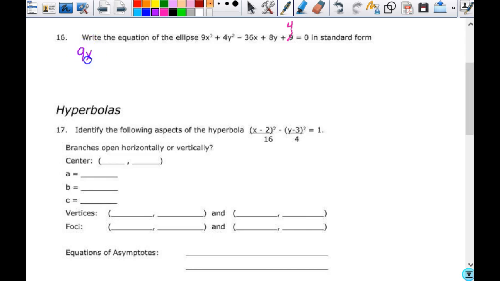I'm going to get 9x squared minus 36x plus 4y squared plus 8y equals, I'm going to move that 4 over because I told you to change that 9 to a 4, make that a negative 4. So now I'm going to have to complete the square twice, but I also need to factor this out.